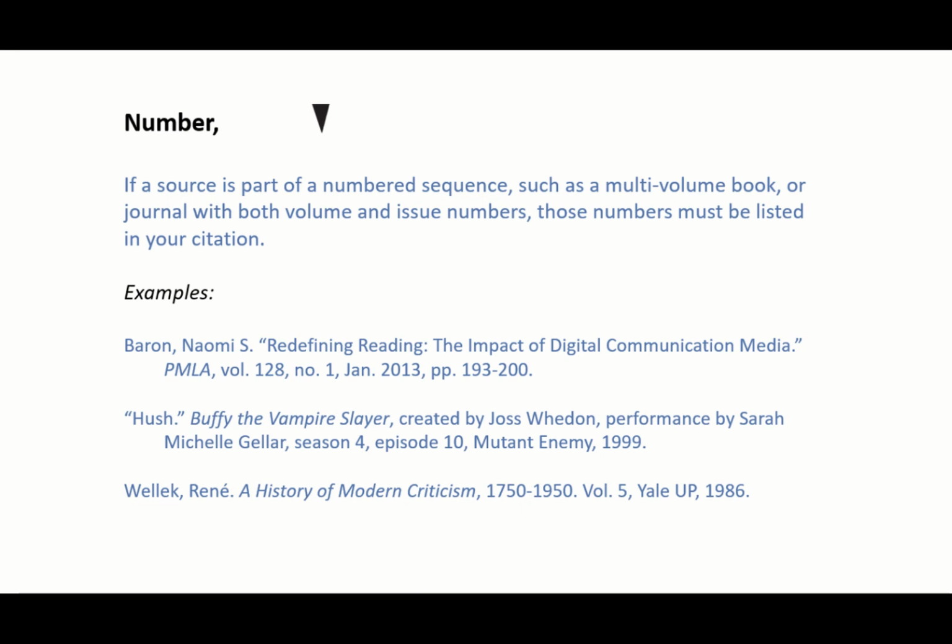That PMLA in italics is the journal that it was published in, or the container. And here's where you see it was published in volume 128, issue 1, followed by the date and the page numbers. So this first example right here on this slide is the citation that you are going to be utilizing for your assignment due on Friday. So this is a great example to follow when you are working to cite your source.